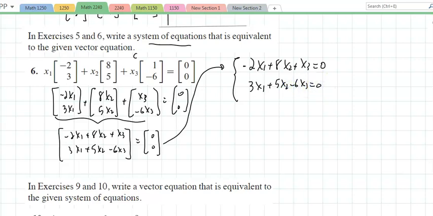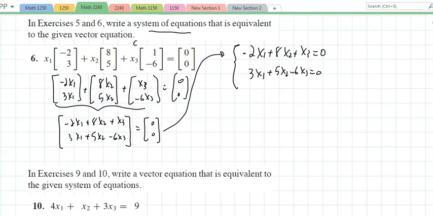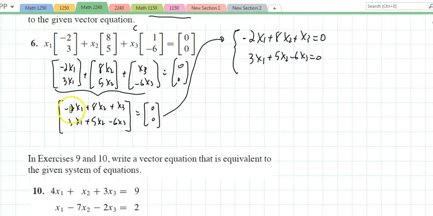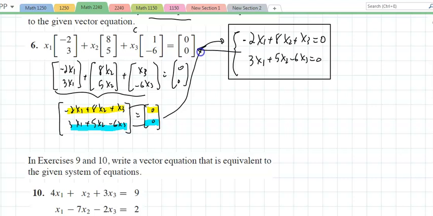And how is that? That's because two vectors are equal: I have this vector with one entry, which means that must equal this, and this must equal this. Now the question comes along the way, how quickly can you go from this to this?